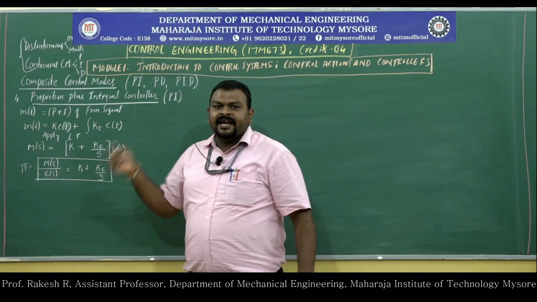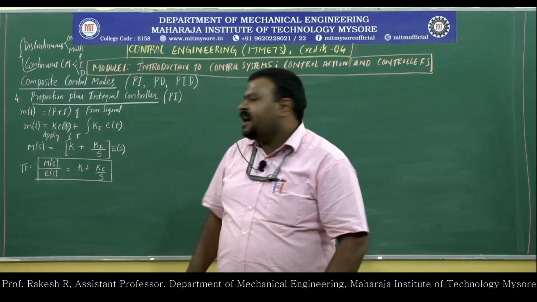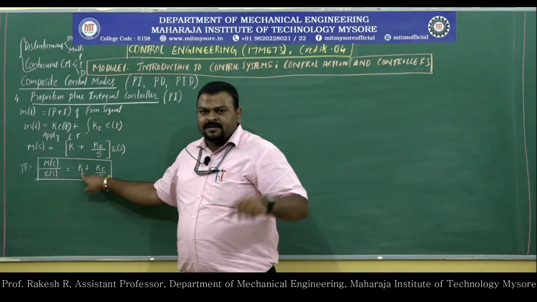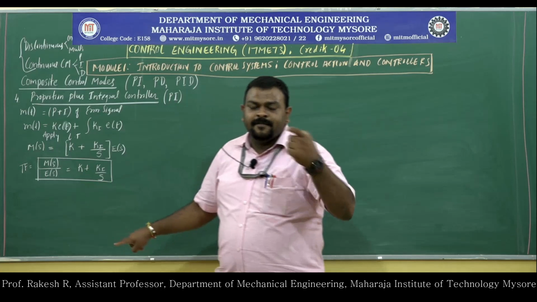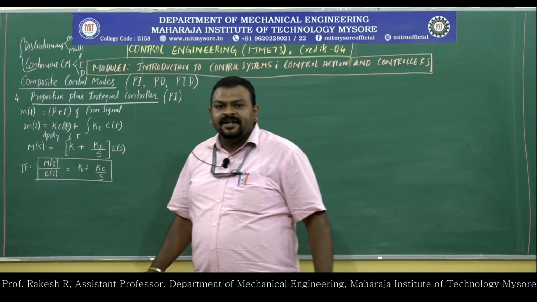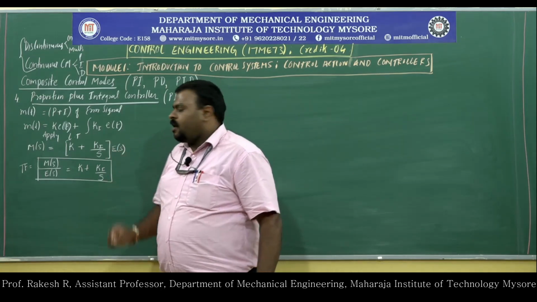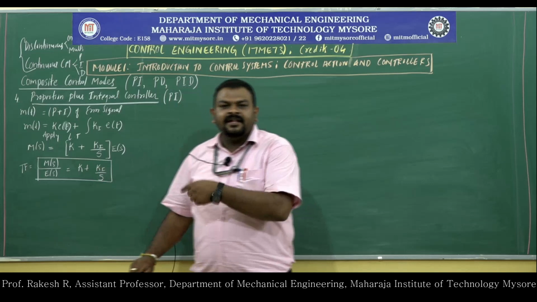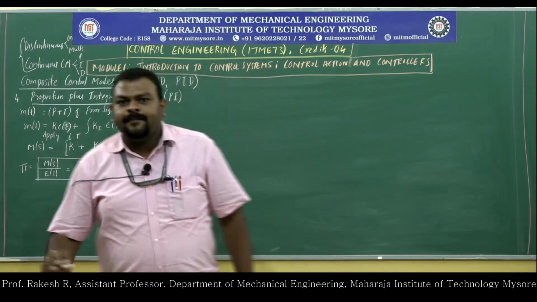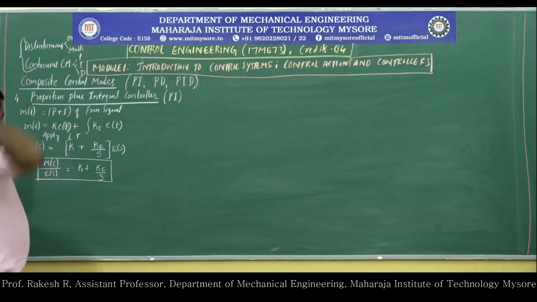K is the constant of proportionality for the proportional control action, and Ki is for the integral action. If K varies, again the system tends to become unstable. If Ki varies, again the system tends to become unstable. So we need to ensure proper values of K and Ki in the design of the PI controller. Let us see the block diagram of the proportional plus integral controller.